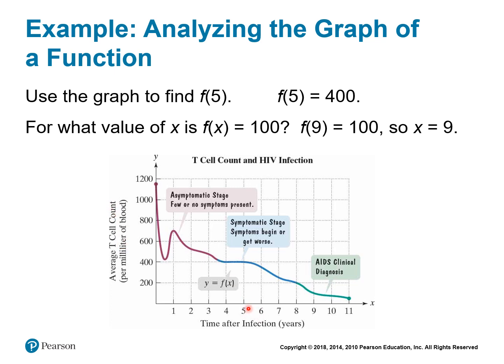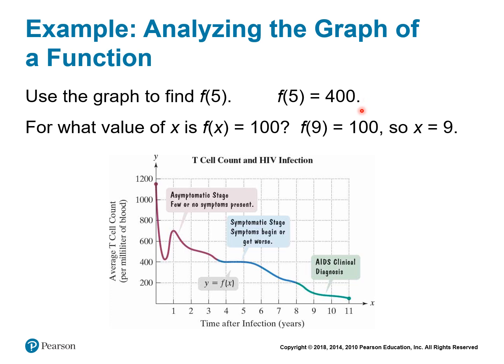All we do is go up from 5 until we touch the graph, and then we go across to the left to the y-axis and pick up where it touches the y-axis, which is 400. So f of 5 equals 400. We are not given an equation where we can plug in a value of x and find y.